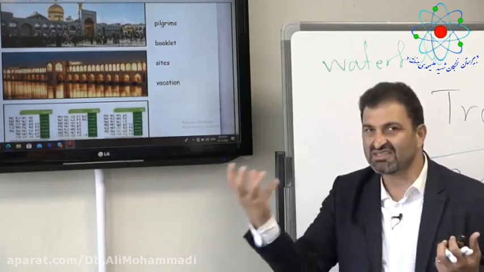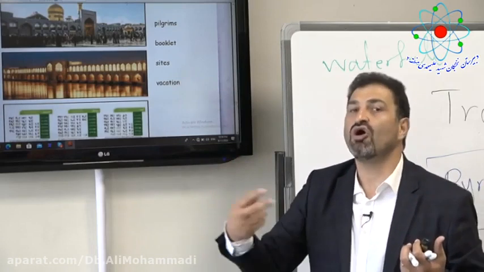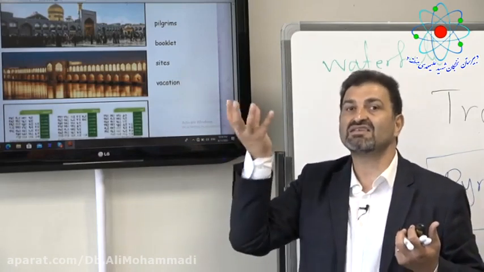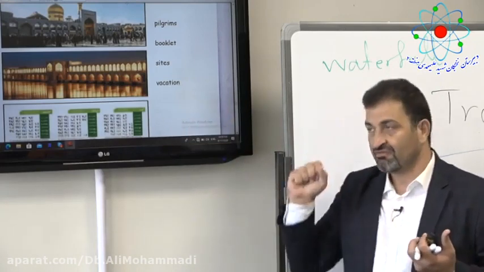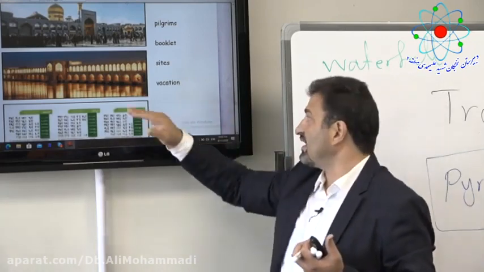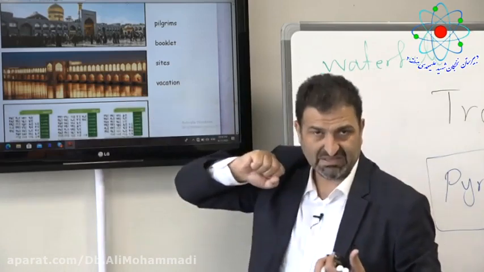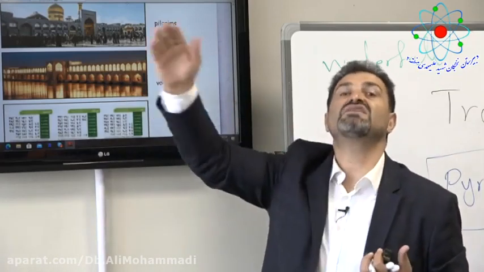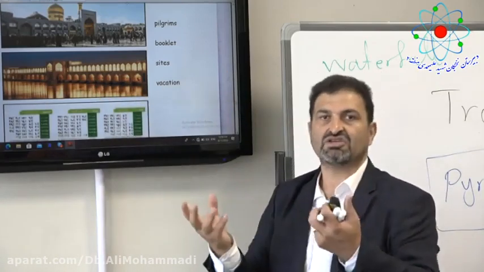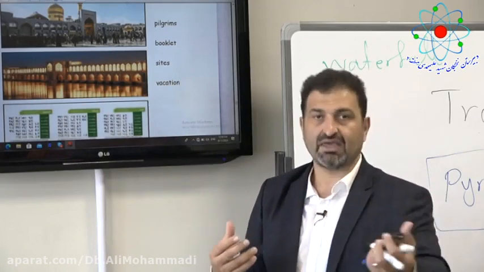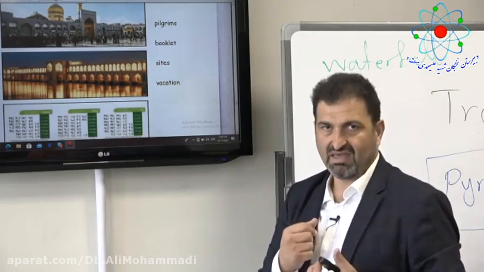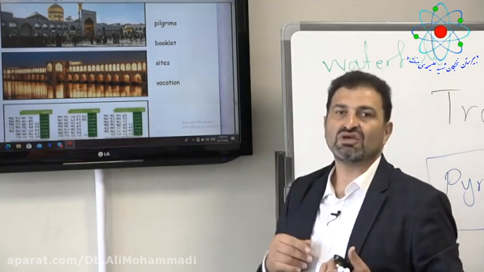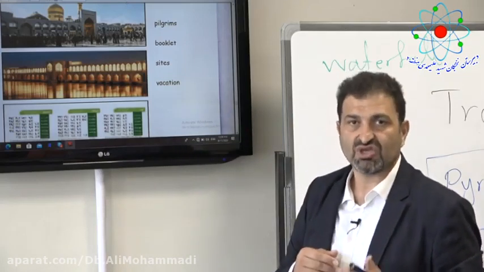The site is somewhere you go because there is a special thing or especially a building there. For example, Persepolis is a historical site, because there is a very old building there dating back to 2,500 years ago.